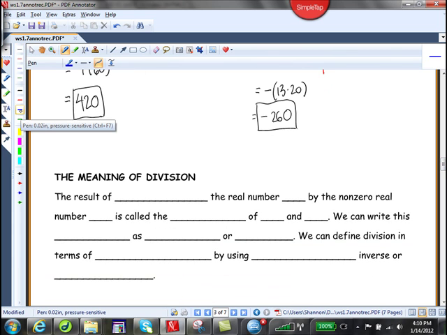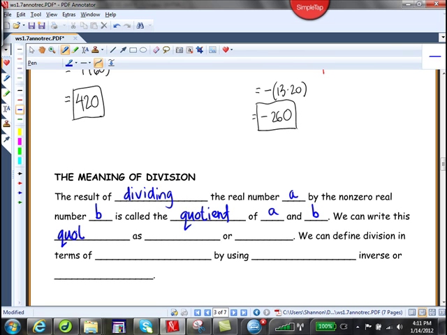Okay, the meaning of division. The result of dividing the real number A by the non-zero real number B is called the quotient of A and B. We can write this quotient as A divided by B, or A over B, writing it as a fraction.